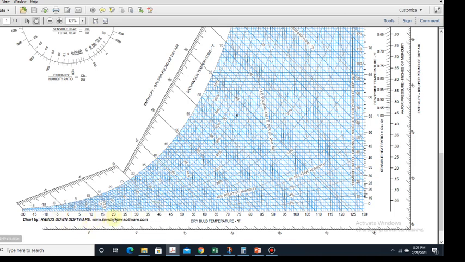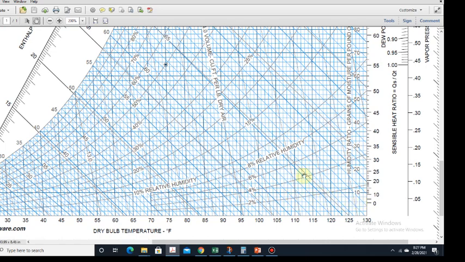Here 10, 15, 20, 25, 30, 35, and so on. And the lines which are parallel to the x-axis, like this line, this line, this 40, this 50, this 60, are nothing but the humidity ratio.